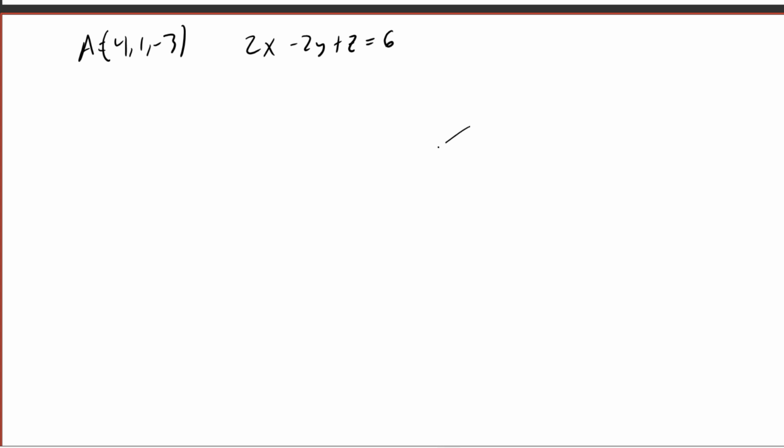Okay, so again, we have this plane, we have some point up here, and then there's this line that goes straight through here. And this is orthogonal to the plane. I don't know what this point is. We'll figure it out in a second. But I want to figure out the equation of this line, and I need to figure out where it intersects right here.